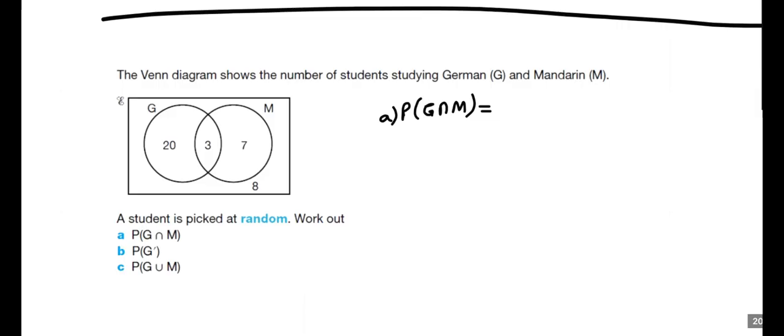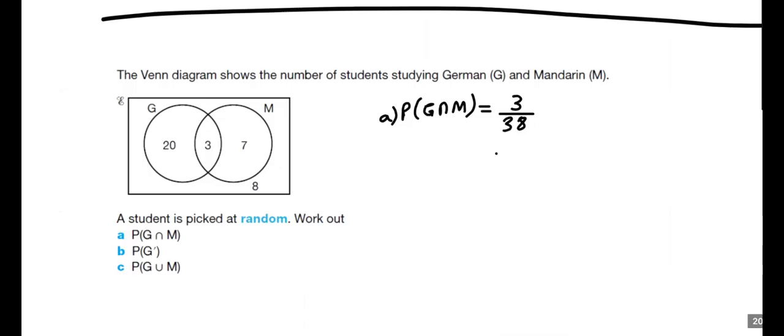G intersection M. 3 people. And how many people are there in total? 38. Exactly. So that's it. 3 out of 38. That's the fraction of people who are studying G and M at the same time.